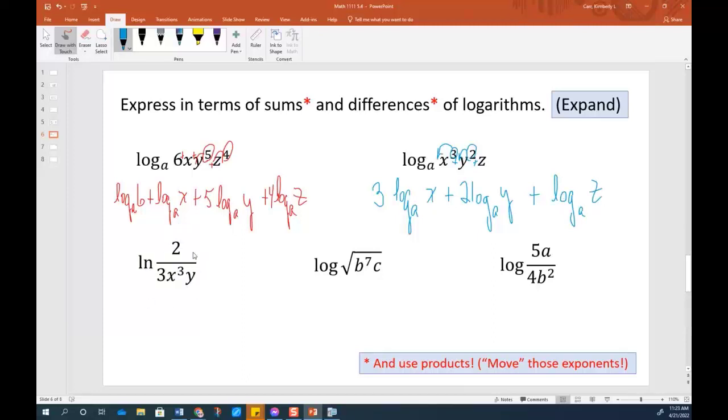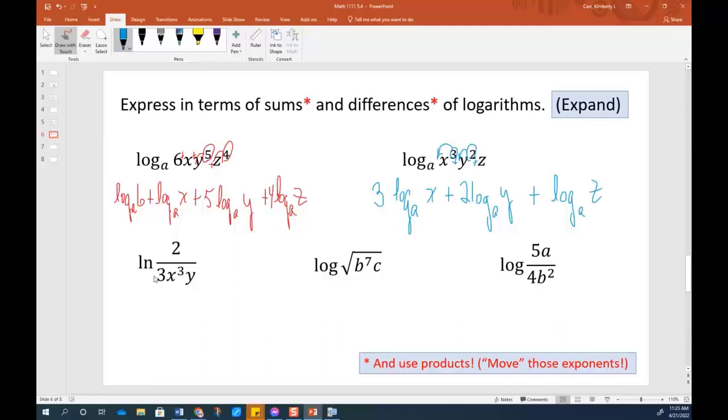It is true when we've got a quotient that 2 is being divided by 3, 2 is being divided by x cubed, or that result is. So rather than do it in one huge piece and then have to distribute, the fastest way is to keep in mind that anything in the numerator will be positive or addition, and anything in the denominator is going to be subtraction.